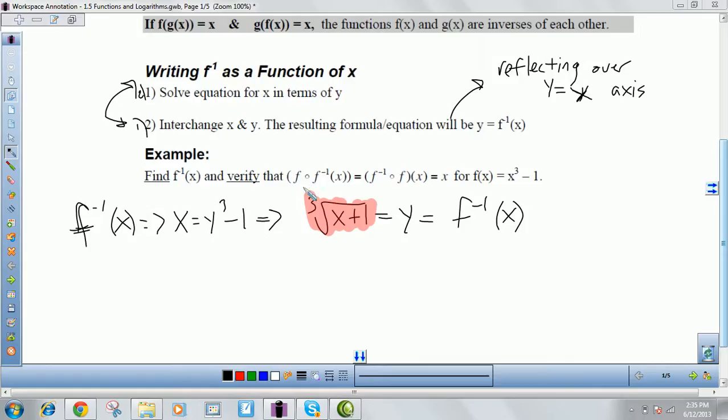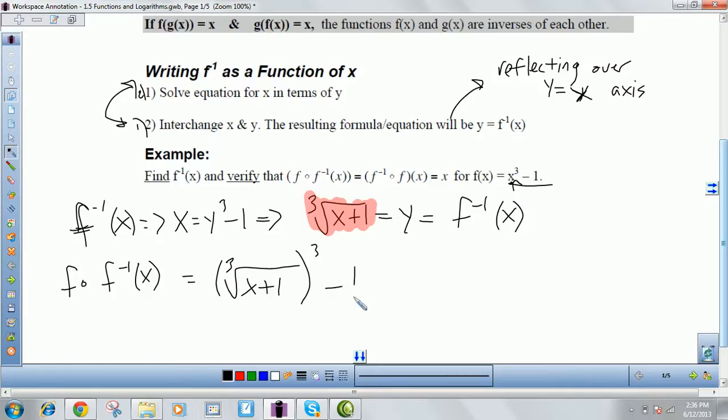So this first statement right here, f of f inverse of x, says put the inverse inside the original function. So if I put it inside here for x, you would have the cubed root of the quantity x plus 1, to the third, all that minus 1.